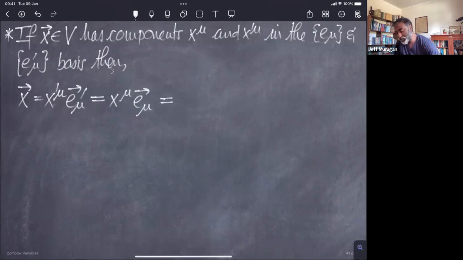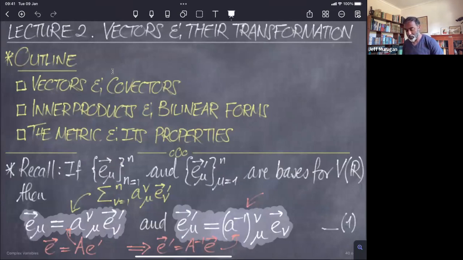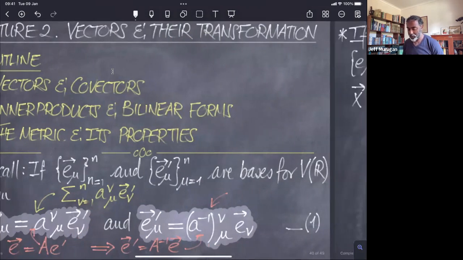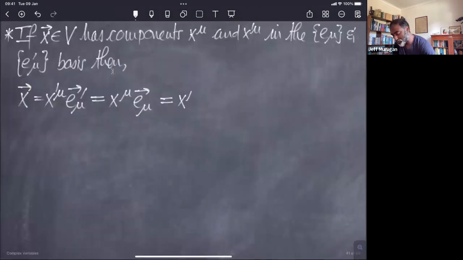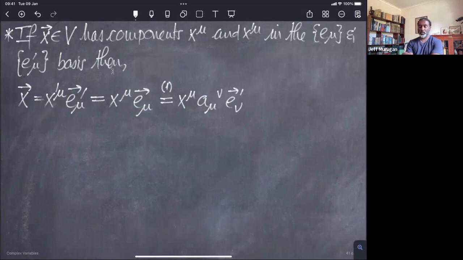And now I'm going to expand the E mu in terms of the E prime using this equation here. So I'm going to substitute back into here. So this is just X mu times A mu nu E nu prime from equation 1. Okay. So let's call this equation 2, and we're going to need it again.